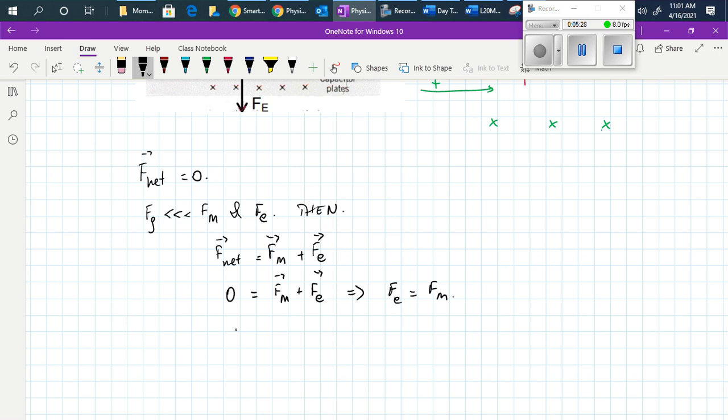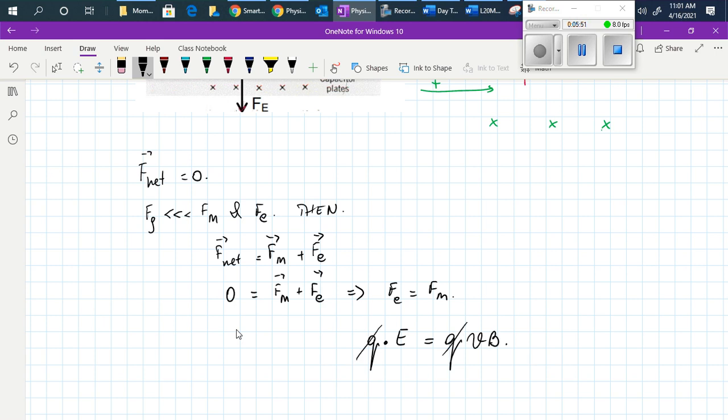Now, since we have a charge that is between two parallel plates, the electric force is Q times the magnitude of the electric field, E. And since we have a charge that is moving into a magnetic field, the magnetic force will be QVB.